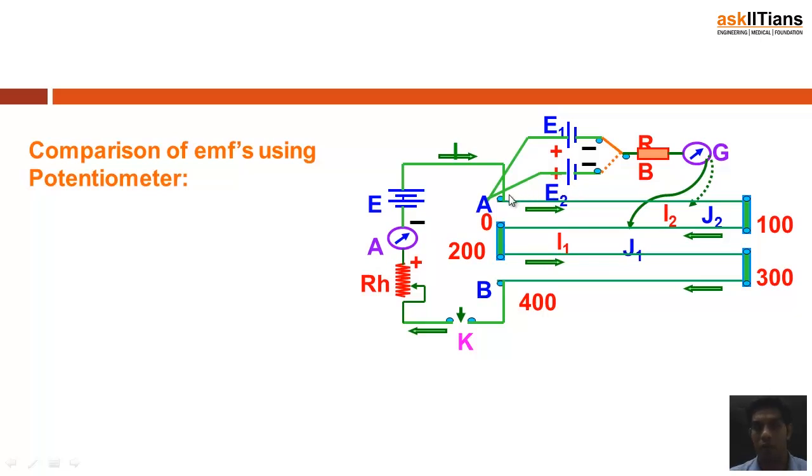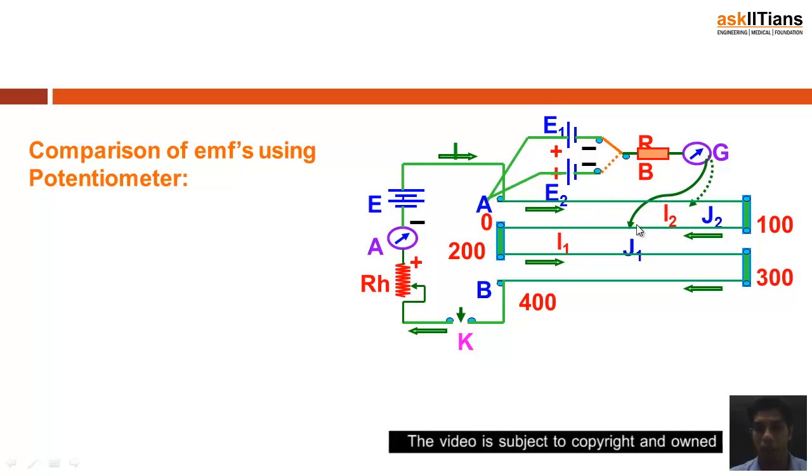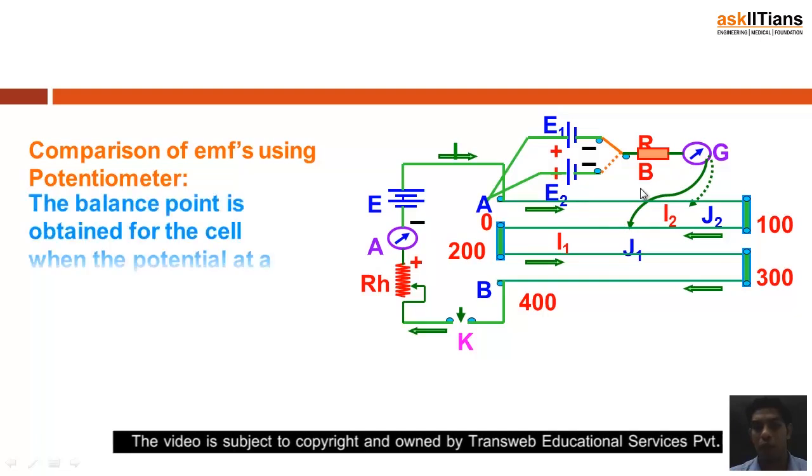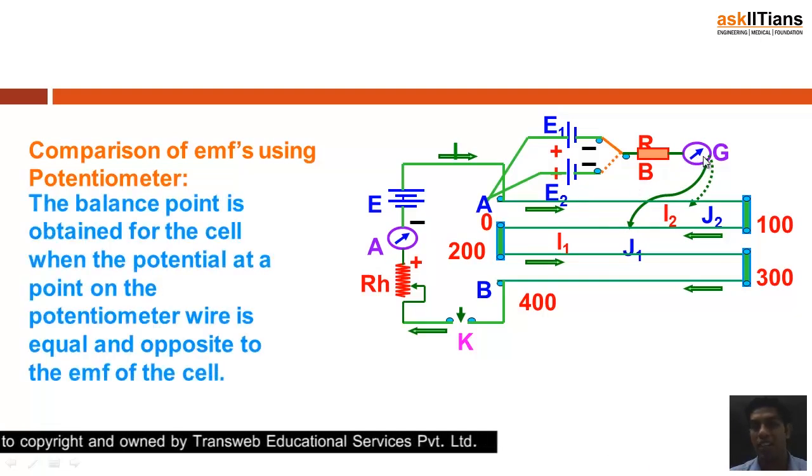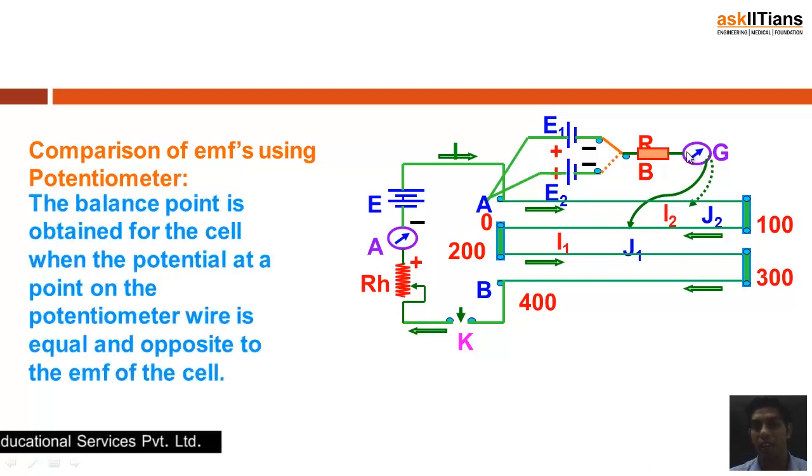I have connected a cell to this point, and the other end is connected to the galvanometer, through which there is a jockey which can slide on the wire like this. Now, the guiding principle is to set Ig to be 0, that is, the reading of the galvanometer has to be 0.